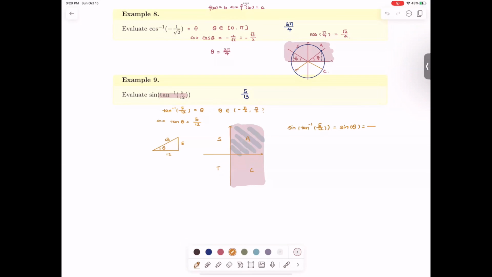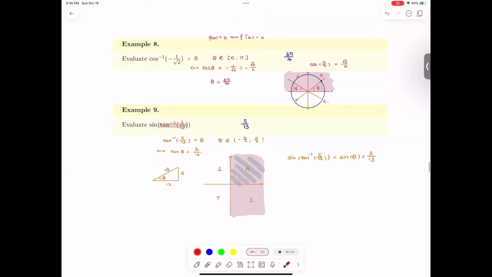Do I need to add a negative sign there? Yes or no? No. Why? Because that's correct, because we're here. Here, everything is positive. Make sense?